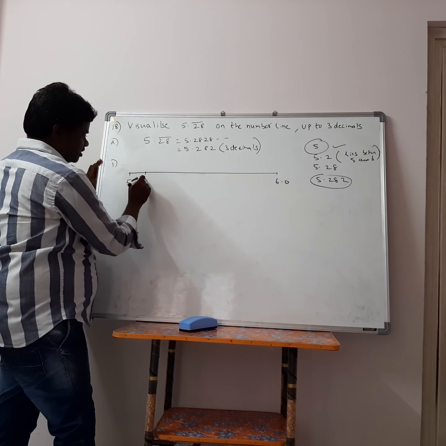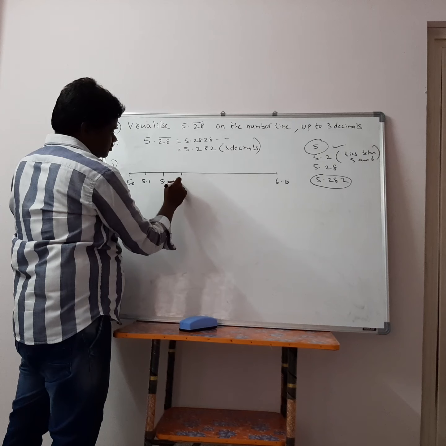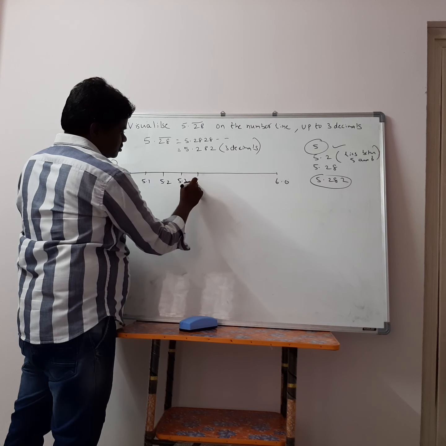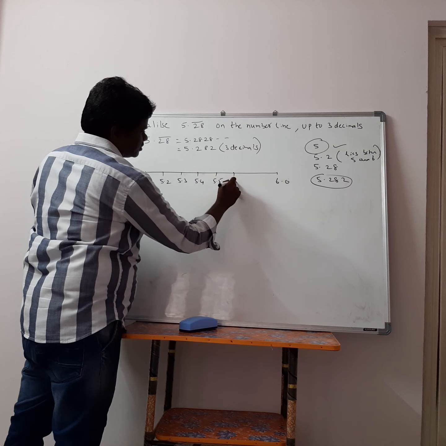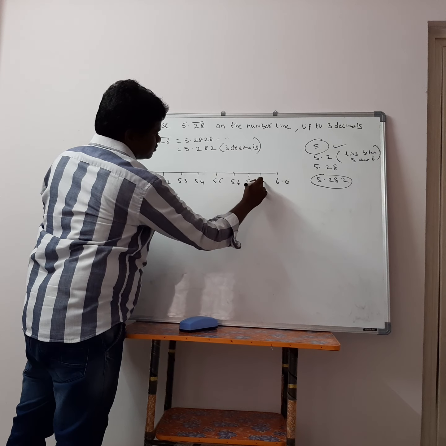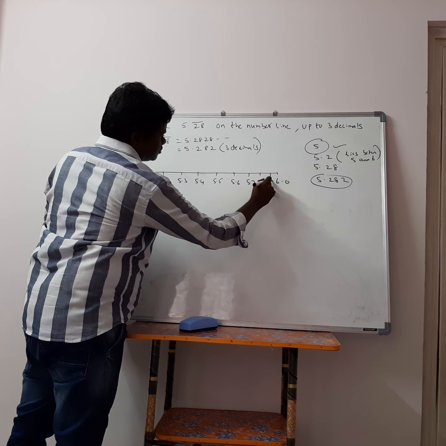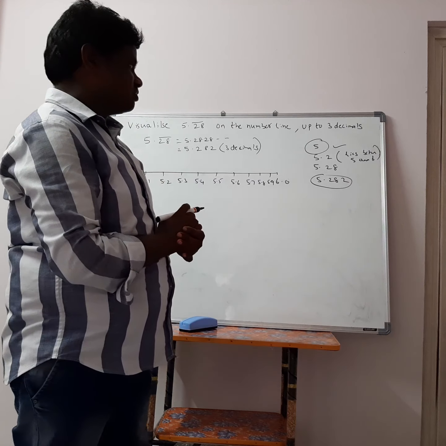That means 5.1, 5.2, 5.3, 5.4, 5.5, 5.6, 5.7, 5.8, 5.9. Like that you have to divide 5 and 6 into 10 equal parts.